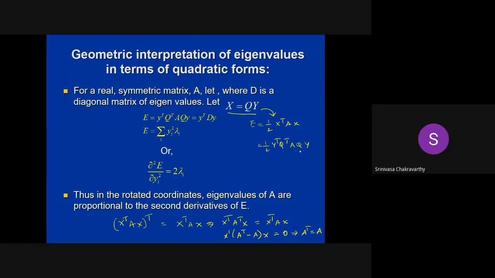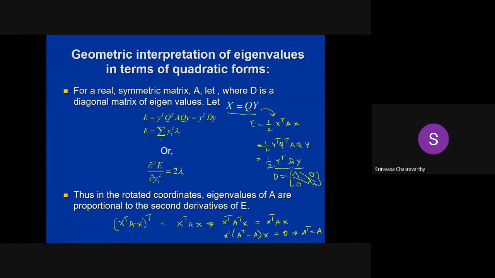And Q transpose A Q, as we derived in the last class, is equal to D. So we get y transpose Dy, where D is a diagonal matrix containing all the eigenvalues, and the off-diagonal terms are all zero. We've derived this theorem before.